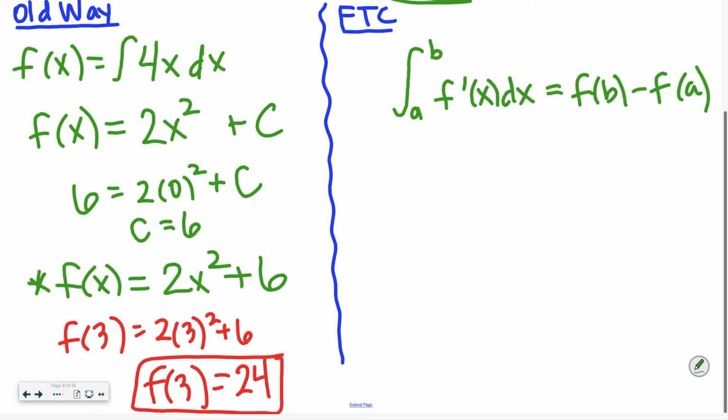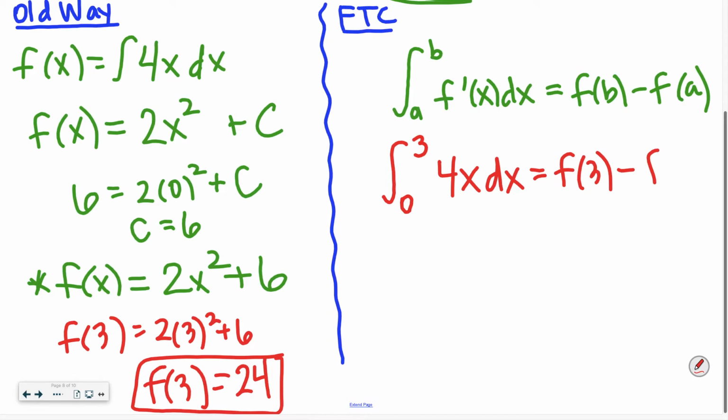Okay. So what we can do with that piece of knowledge is say, all right, we know that the integral from 0 to 3 of 4x dx is f of 3 minus f of 0.